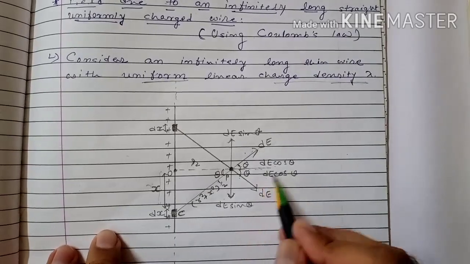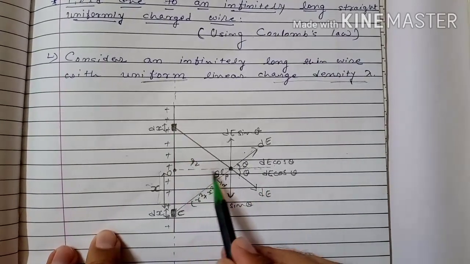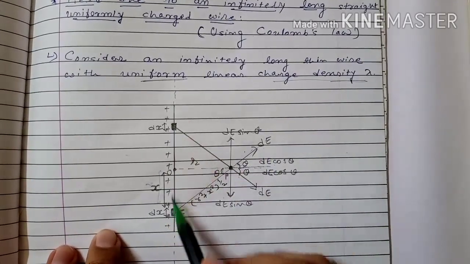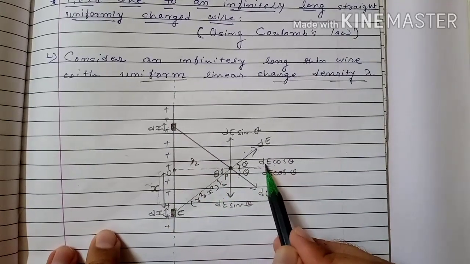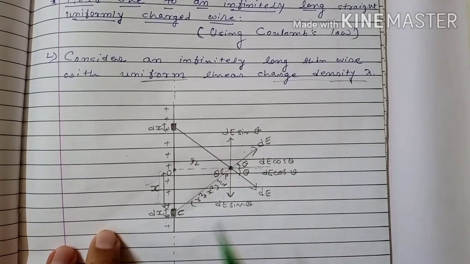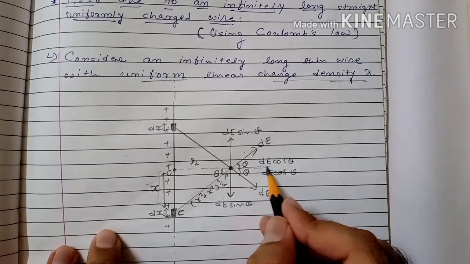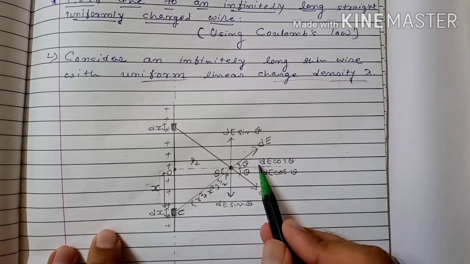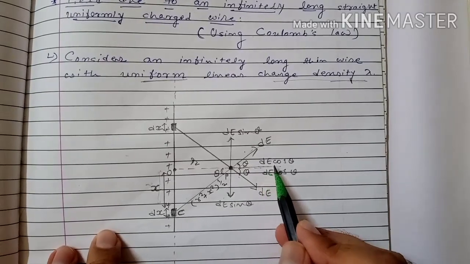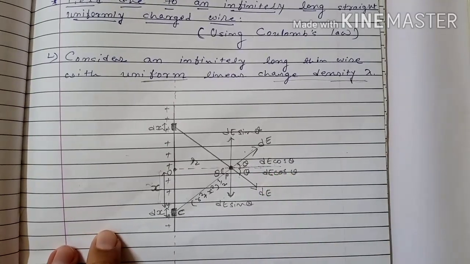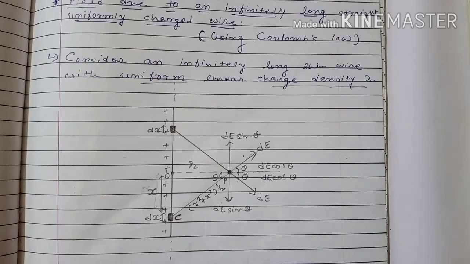And the dE cos theta components, these components of electric field perpendicular to the axis of the wire, are in the same direction, so they will be added up. To find the total electric field, we have to find the summation of these dE cos theta components. That will give us the total electric field.